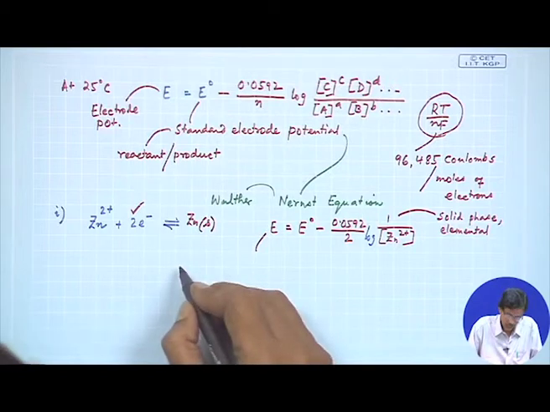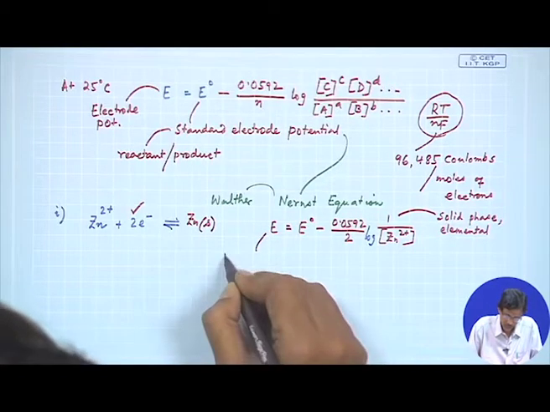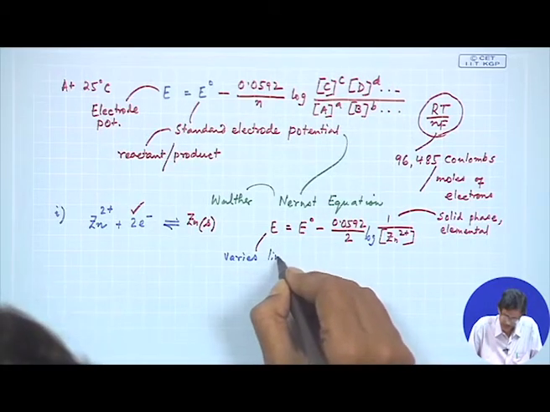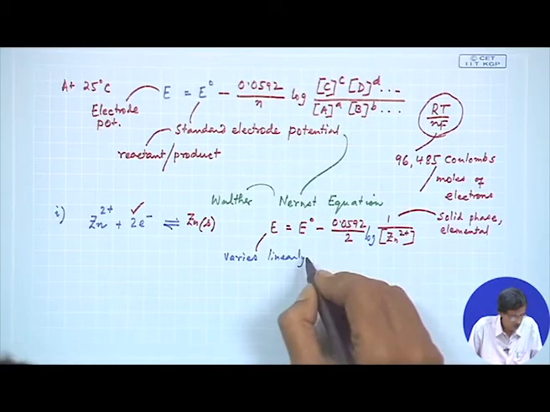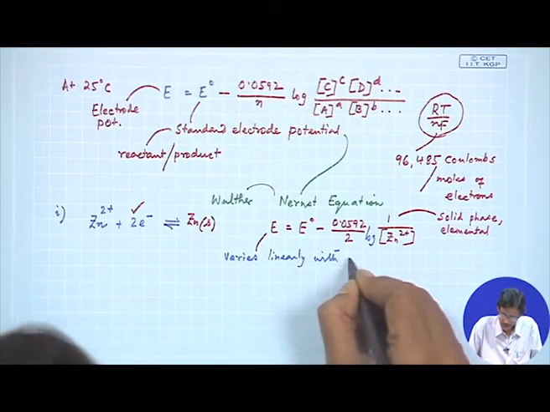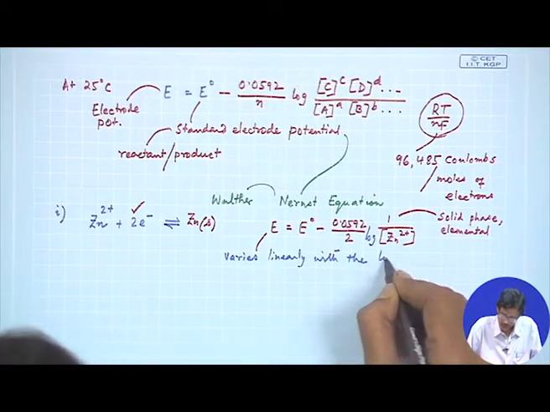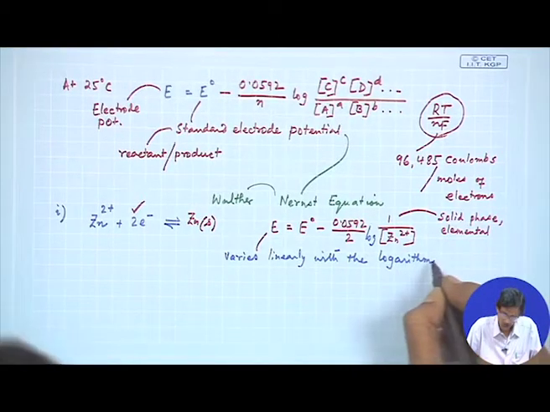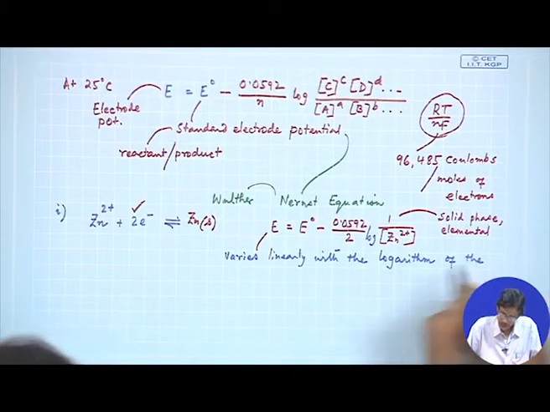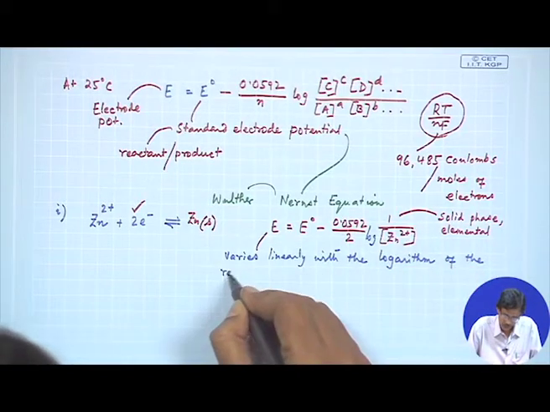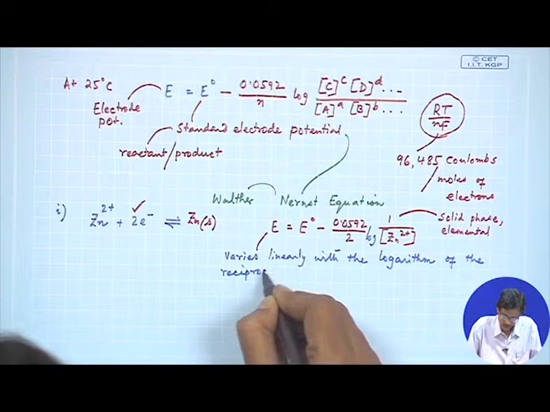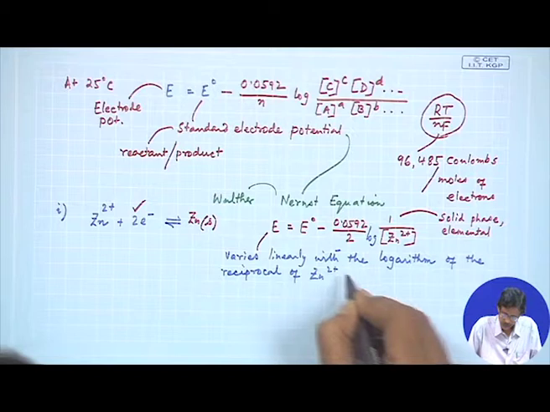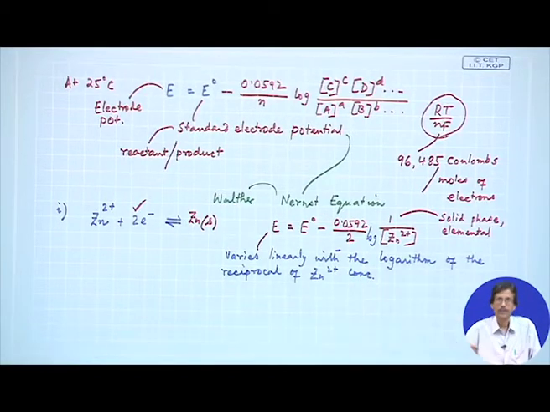So, the electrode potential E varies linearly with the logarithm of the reciprocal of the Zn2 plus concentration.